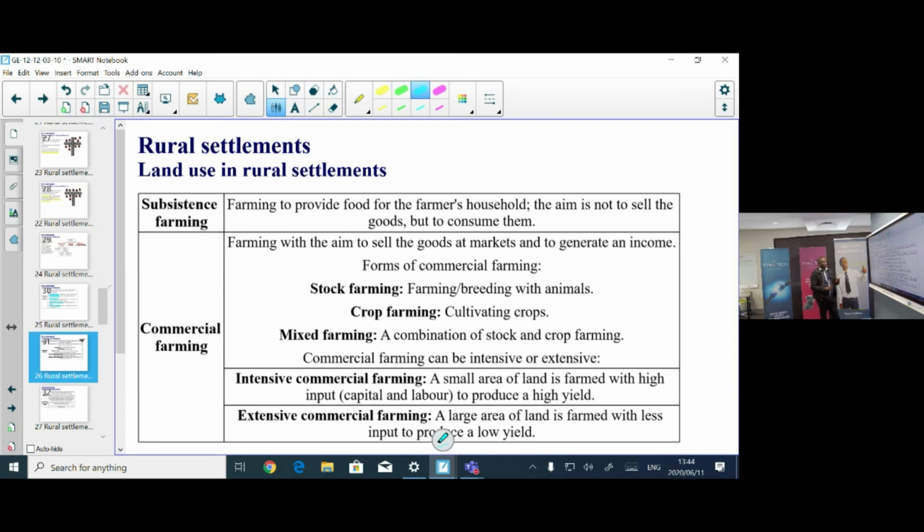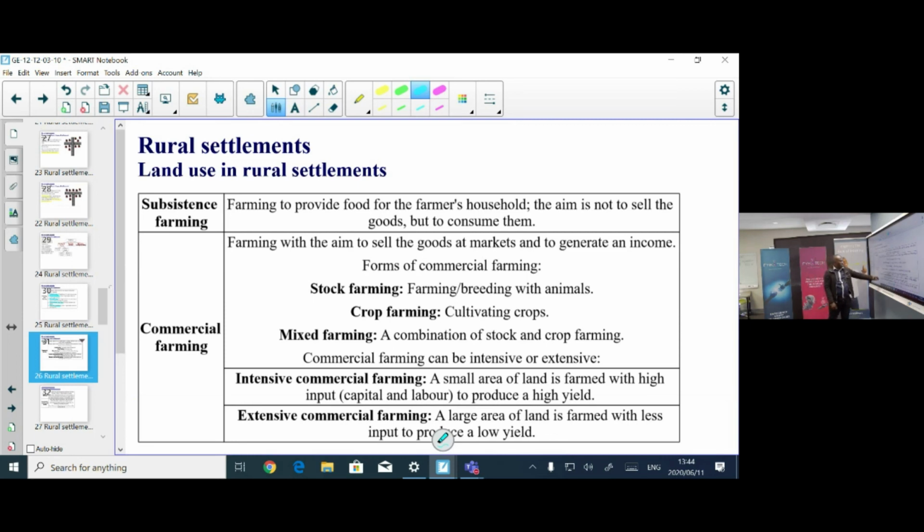Then commercial farming is farming with the aim to sell the goods at markets and to generate an income. Forms of commercial farming are stock farming, breeding with animals, crop farming, cultivating crops, and a combination of stock and crop farming. Commercial farming can be intensive or extensive.